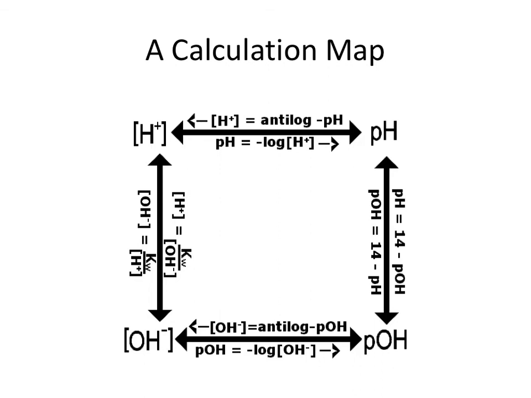So here's just a little calculation map, I called it. It shows how you can get from one quantity to another. So for instance, to go from pH to pOH, you take 14 minus the pH. To go from pOH to OH minus, you take 10 to the minus pOH.